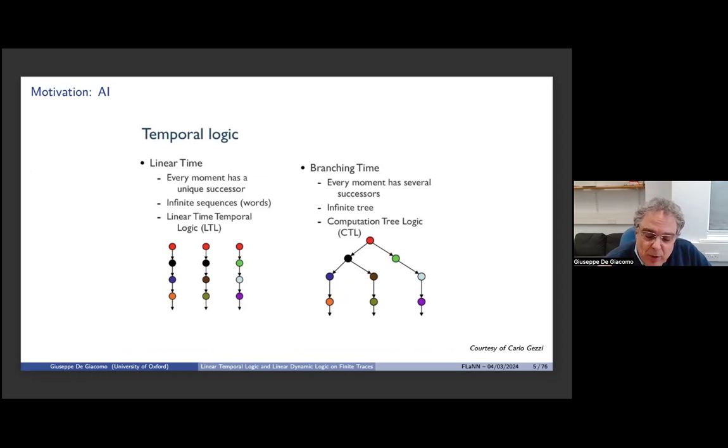In branching time, you have trees. In these trees, if you get to a node, behind you there is a history that leads you to that particular state, and in front of you are the choices.